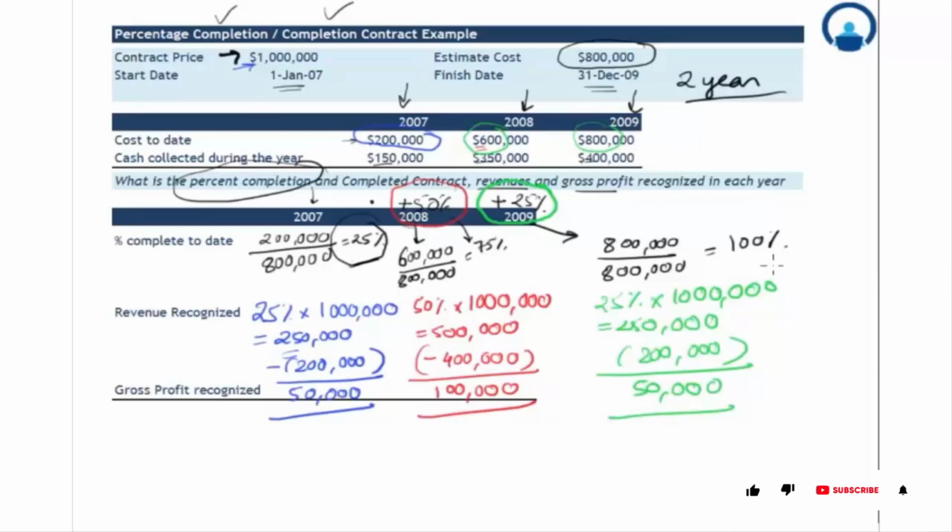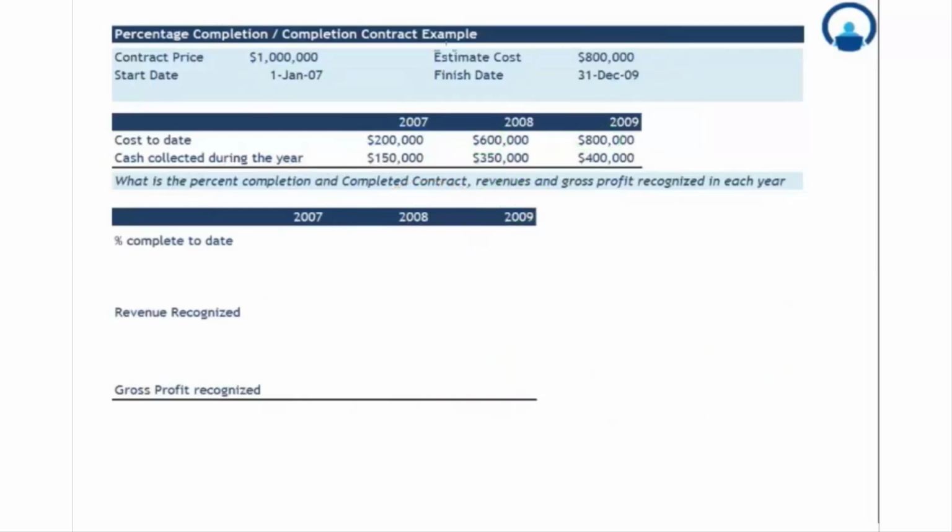So now let's look at how the profile of revenue and gross profit would actually come out when we look at the completed contract method. While we look at the completed contract method, the first column to fill is percentage complete to date. So here we had earlier found that this was 25%. In 2008, the overall completion was 75%, and in 2009, the overall 100% was completed.